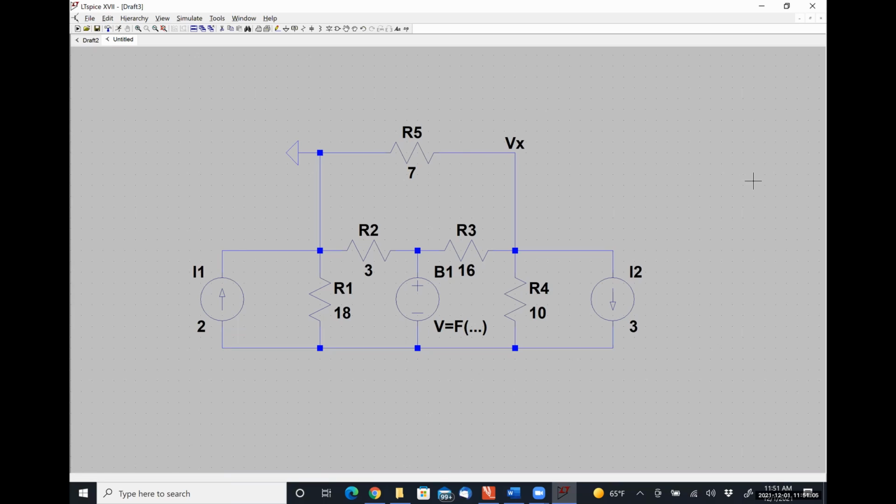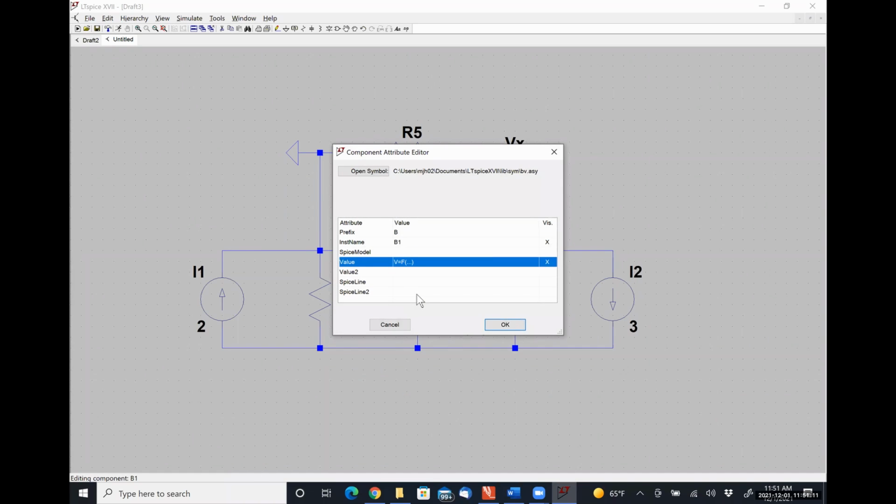The last thing that I need to do is right click here. And where it says value, I need to change this function. So I want it to now say V equals 4 times V open parentheses Vx. So how LTSpice interprets things, it's interpreting Vx as a nodal voltage.